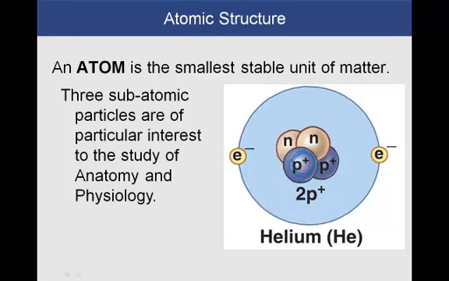And the electron, which is found here orbiting the nucleus. There are other subatomic particles, but we're just going to focus on these three because they make the most sense in understanding how chemicals act and react and how we perceive those chemicals.